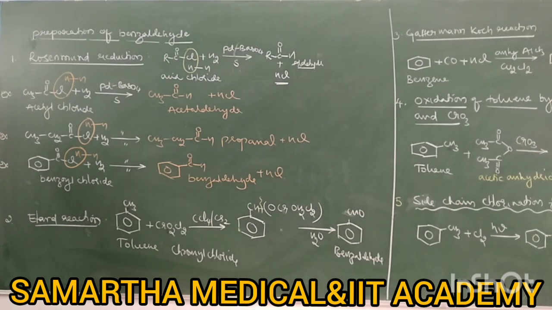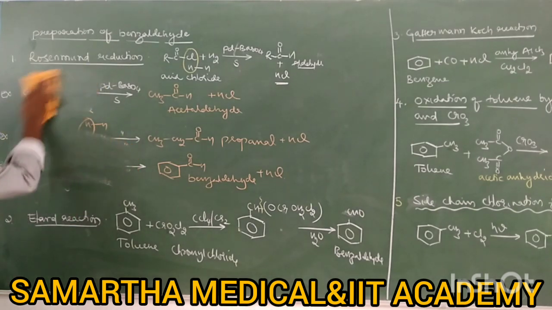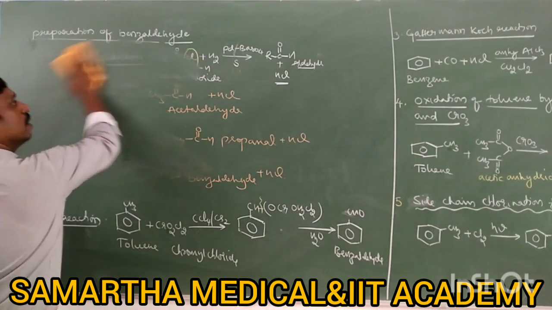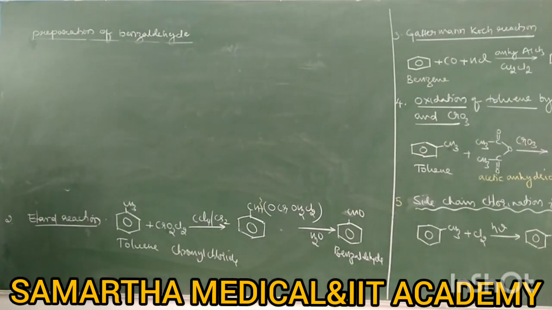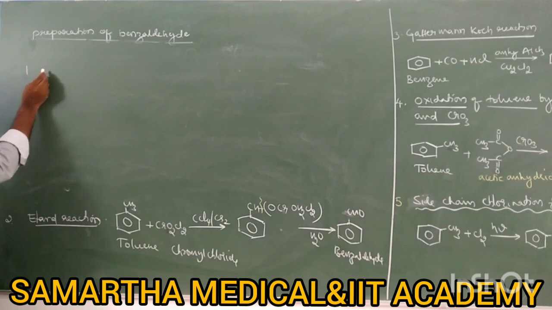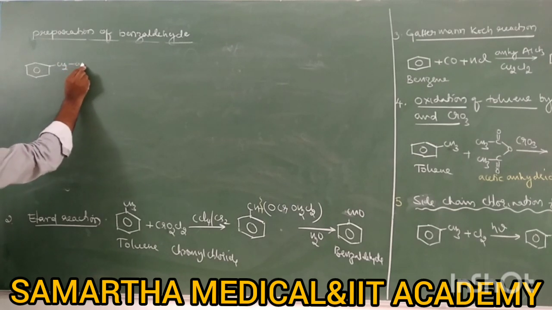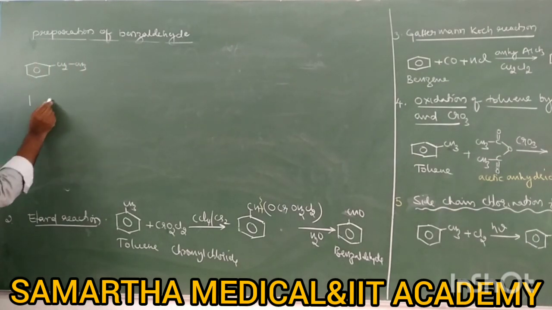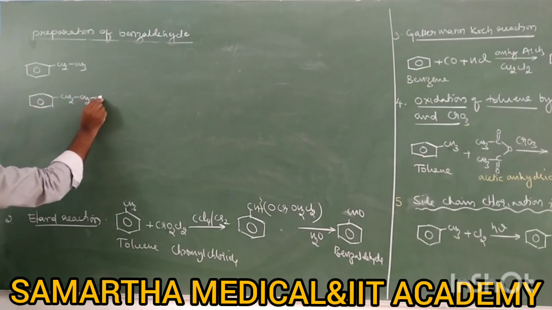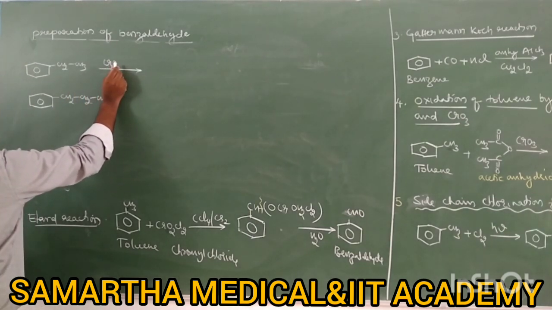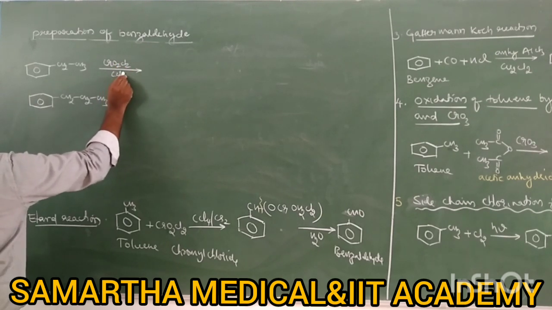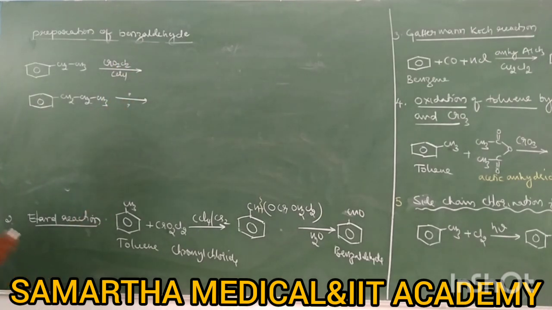The question is this: instead of toluene, if you take another benzene compound, for example ethyl benzene, where the side chain has 2 carbons, or propyl benzene, where the side chain has 3 carbon atoms, and this is treated with the same chromyl chloride CrO2Cl2 followed by CCl4, it is also the Etard reaction.